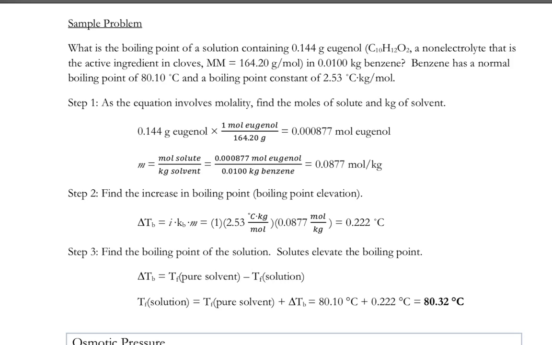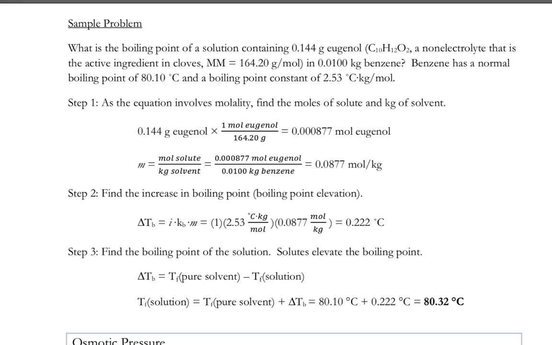We're already given the mass of the solvent, the benzene, to be in kilograms, so we're set there. So we put the moles solute, 0.000877 moles of eugenol over 0.0100 kilograms of benzene, and we get 0.0877 moles per kilogram. So that's the molality.